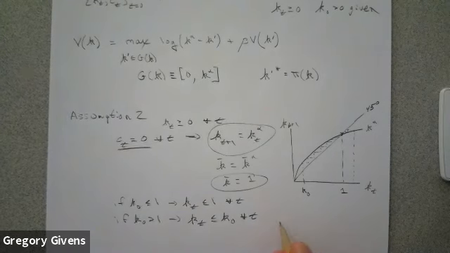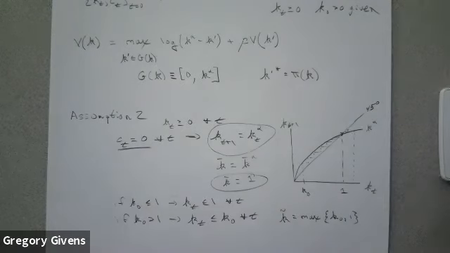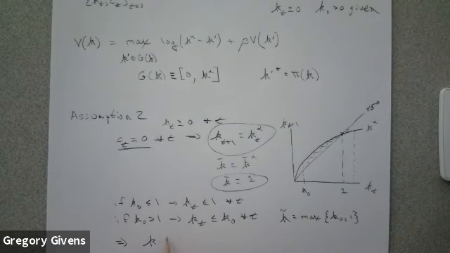Let me define K tilde as the max of K_0 or 1, whichever of the two is bigger. And we're going to assume that initial capital is finite. This implies then that K is always going to be an element of the closed and bounded interval 0 to K tilde.